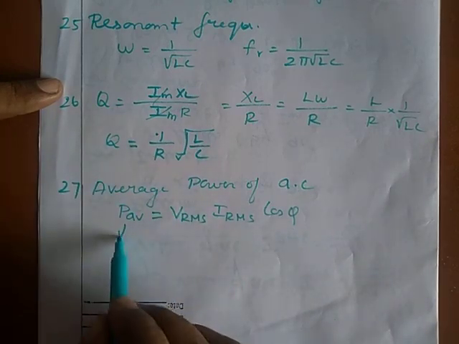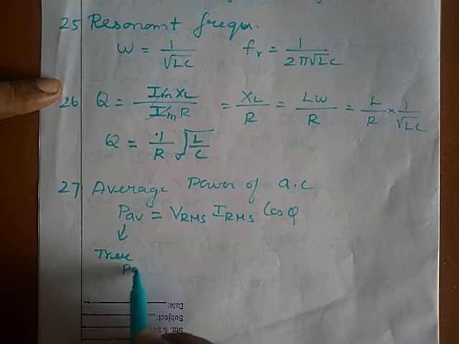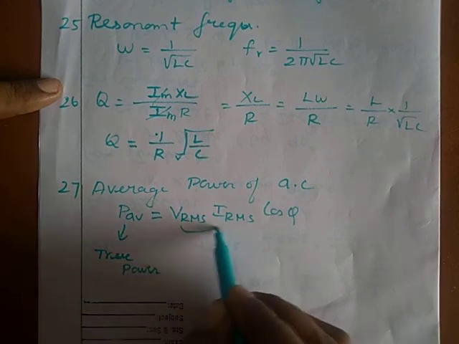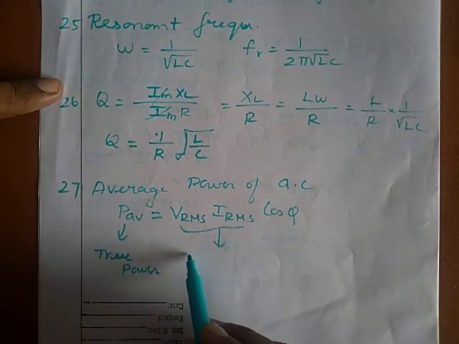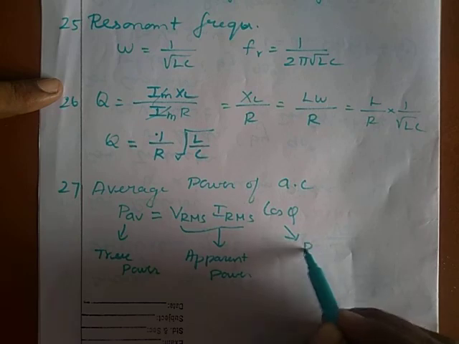I already told you P average is the true power. Here V RMS I RMS is commonly called apparent power, and cos phi is the power factor.